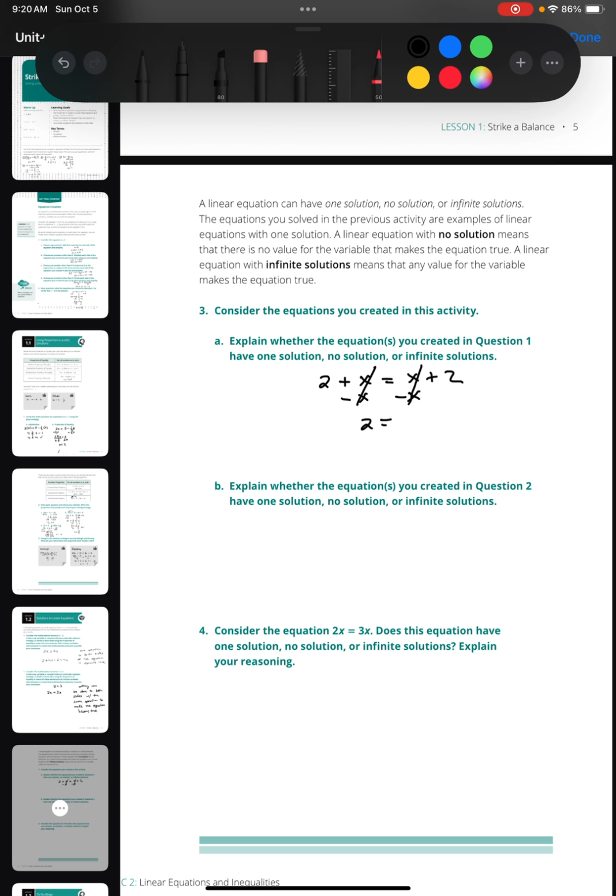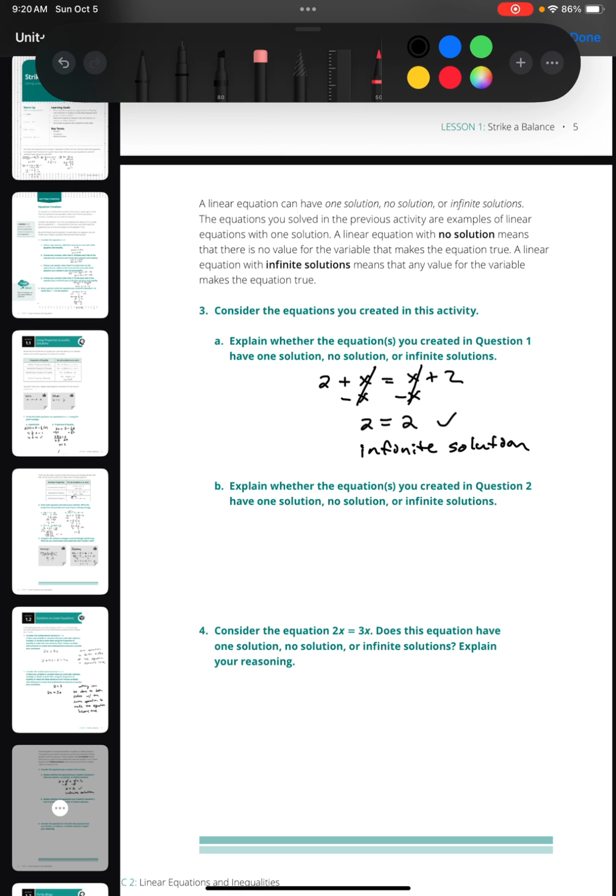So if your variable cancels out on both sides, what we're left with is either going to be a true or false statement. If the statement is true, 2 equals 2, what that means is any number we plug in for x would be a solution. So this would be infinite solutions. I can pick any number I want, substitute it in for x, and it's going to be a true statement.